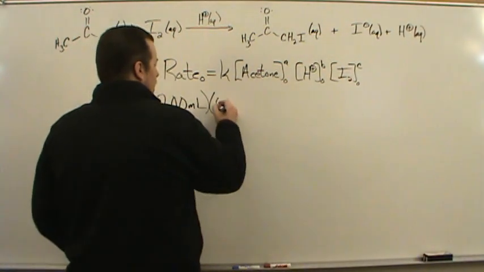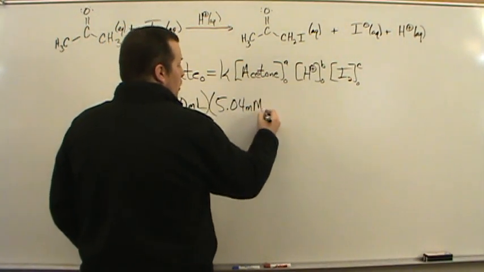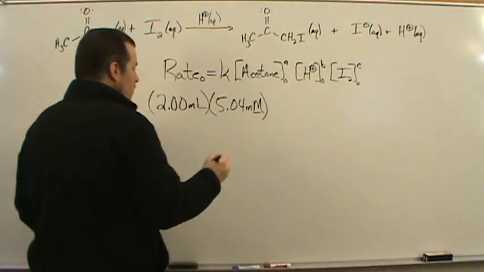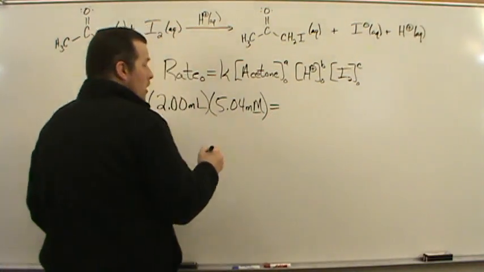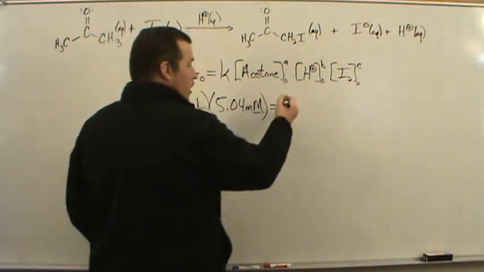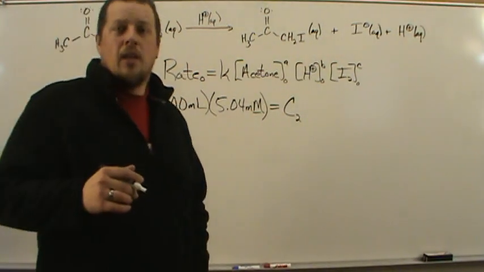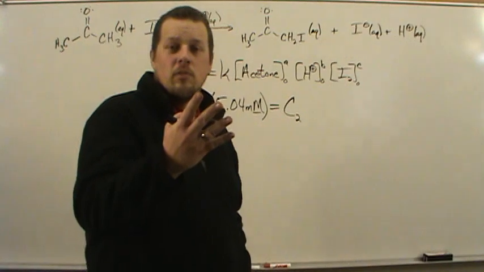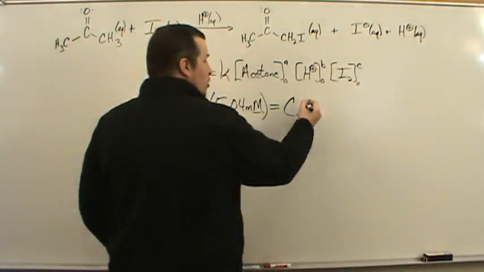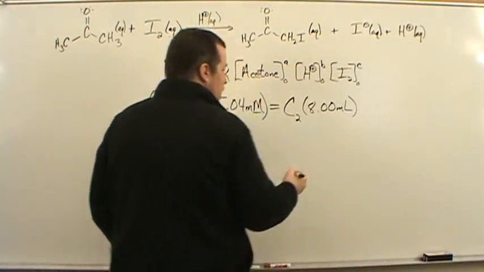So let's say 5.04 millimolar. There's C1, V1 equals, well, C2, that's what we're trying to find, the concentration after it gets diluted. And V2, if we assume that our volumes are additive, V2 is 8.00 milliliters.